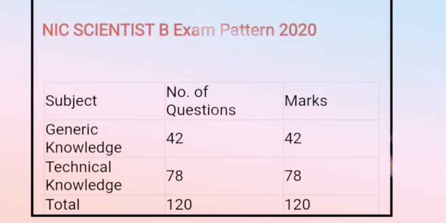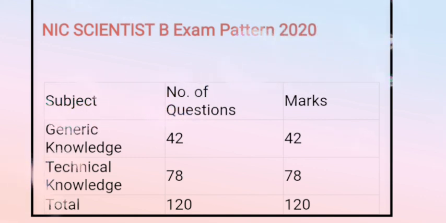So here we know that the subjects are generic knowledge and technical knowledge. The total number of questions in generic knowledge is 42 and marks allotted are 42, which means each correct answer carries one mark. And here is the most important thing, there is also negative marking of 0.25, meaning one-fourth of the marks for a correct answer.